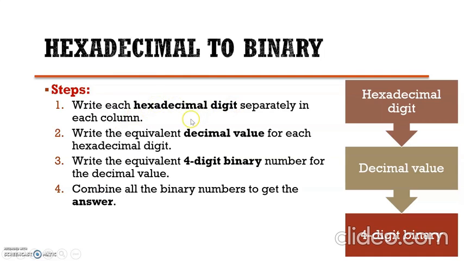Then we have to find the equivalent decimal value for each hexadecimal digit that we separated just now. And then we write the equivalent 4-digit binary number for the decimal value in the second row, and then combine all the binary numbers to get the answer. So we are going from hexadecimal digit to decimal value to 4-digit binary. Just reverse the process that we did from binary to hexa.